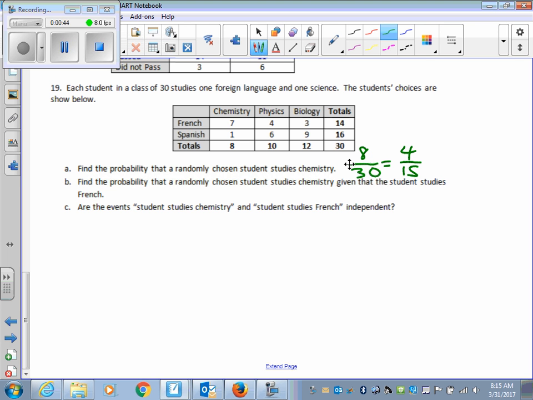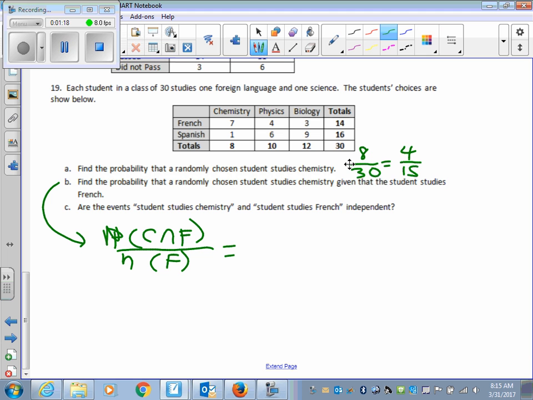Now, the second one says, find the probability that a randomly chosen student studies chemistry given that the student studies French. Okay, now, that one is a conditional probability, so let's just say the number of students in chemistry and French, so chem intersect French, over the number in French.